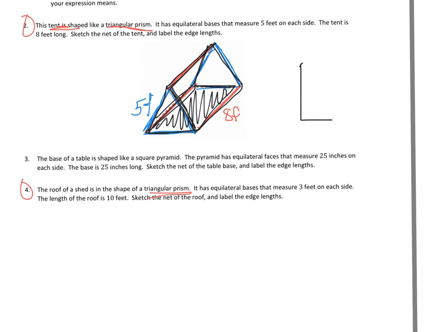So I have 5 by 8. And again, these are all in feet, but I'm just using the numbers so you can see. And I know to the right, I'm going to have another rectangle that looks the same.